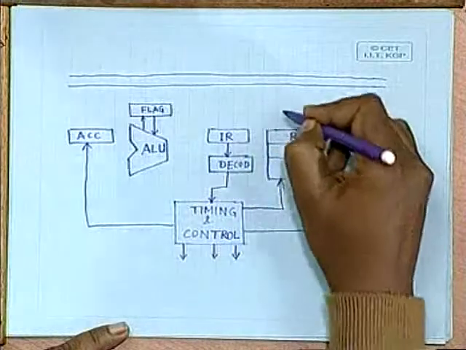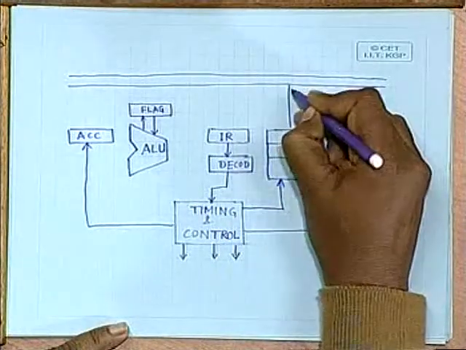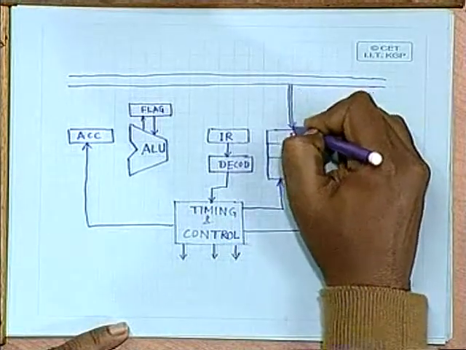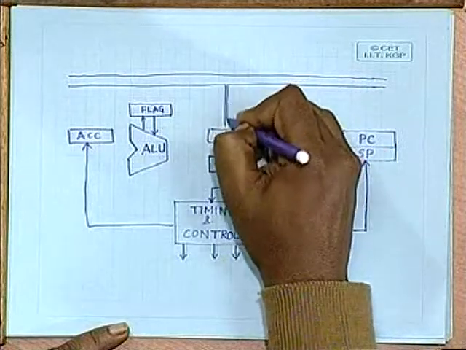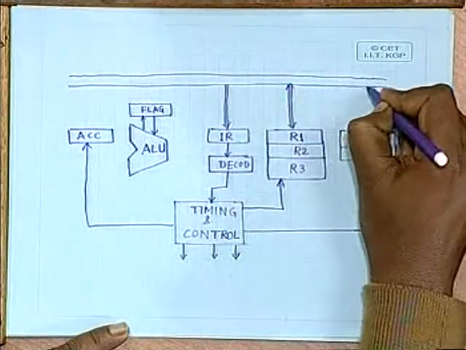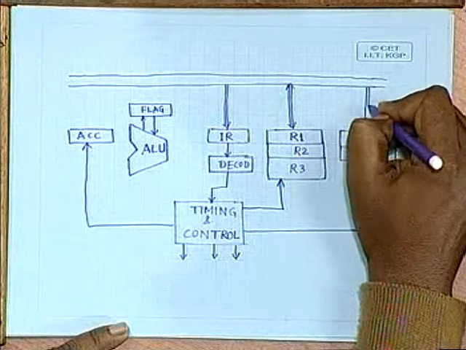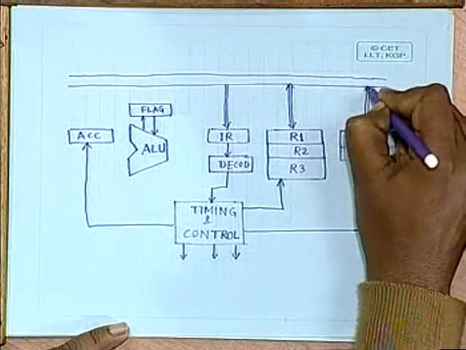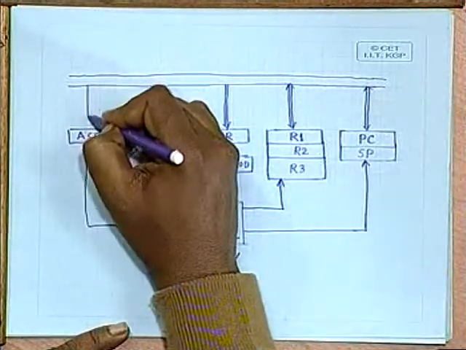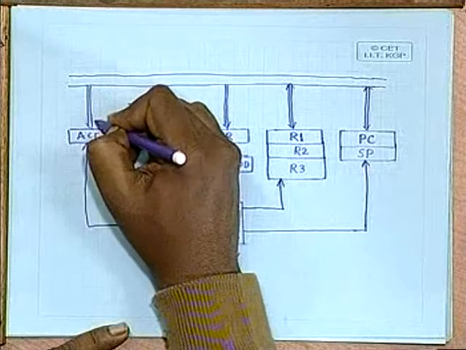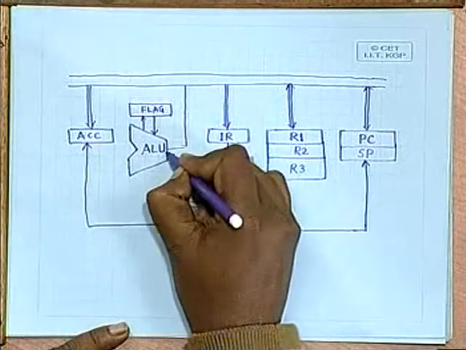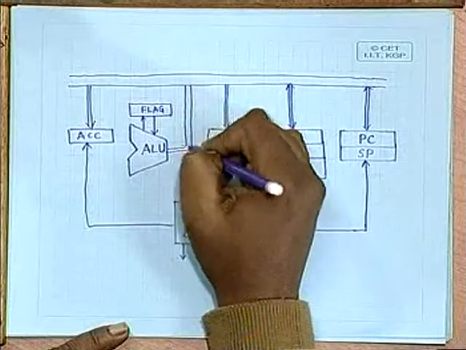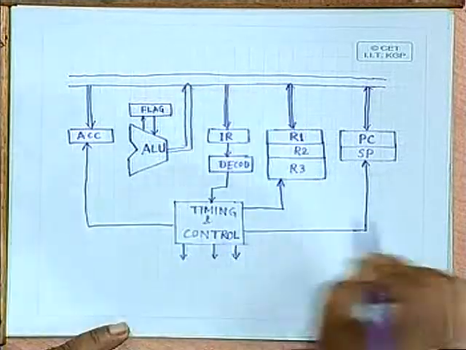So, all these units, whether these are general purpose registers of the CPU, whether this is the instruction register of the CPU, whether these are program counters or stack pointers, whether this is the accumulator, and of course, the output of the arithmetic and logical unit, all of them are connected to this data path.